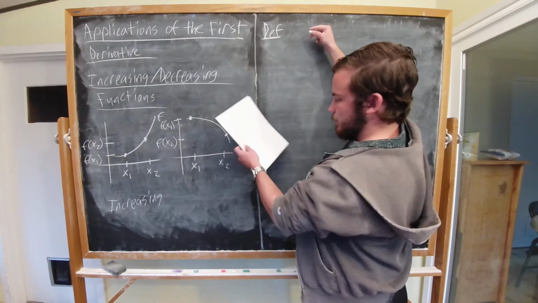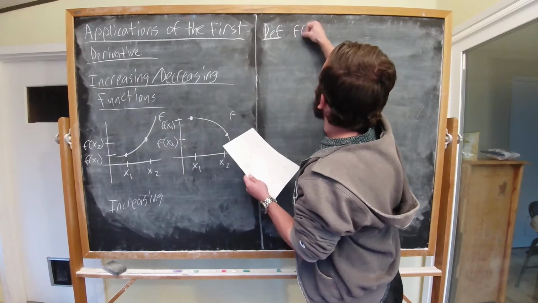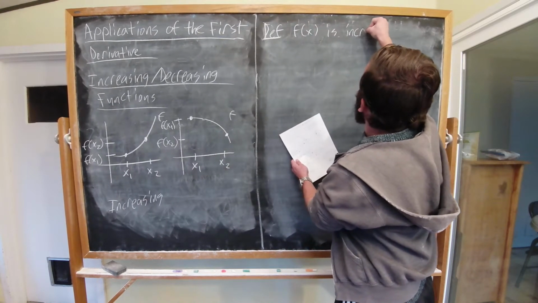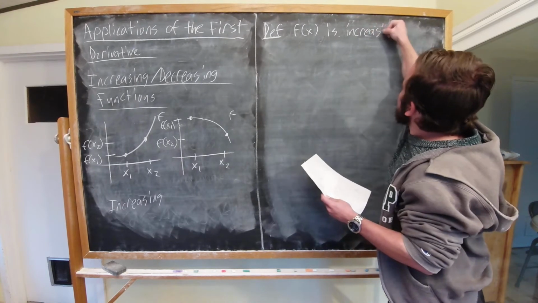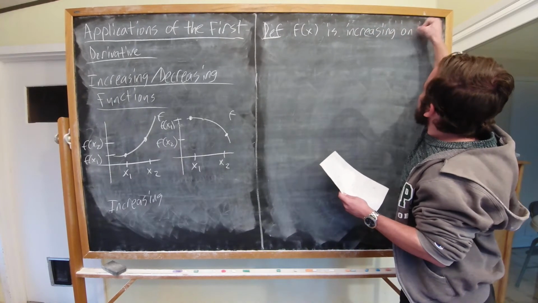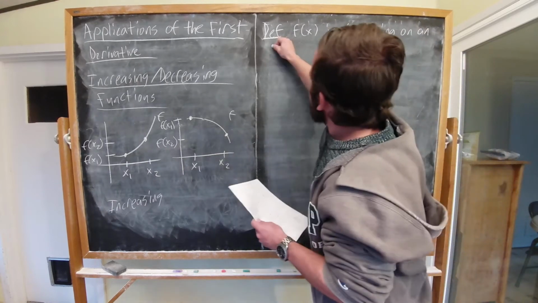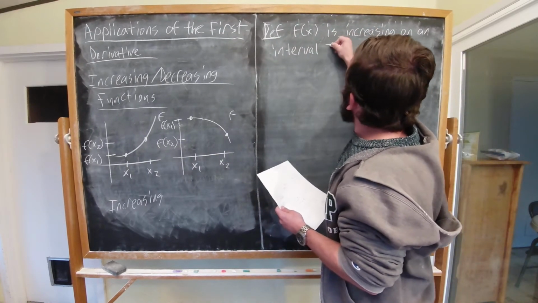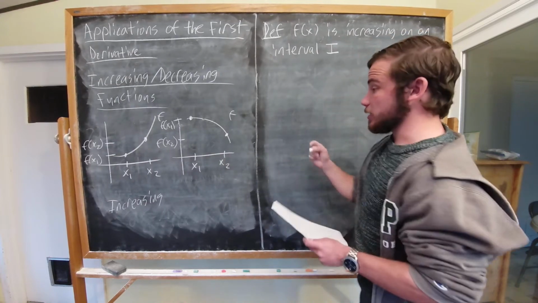Definition. f of x is increasing on an interval I. We have to talk about increasing and decreasing in terms of intervals, right?